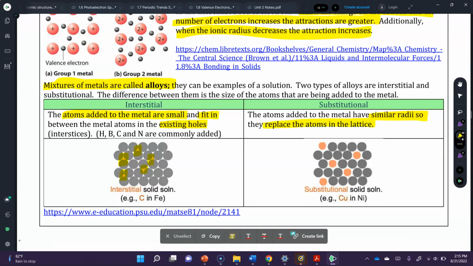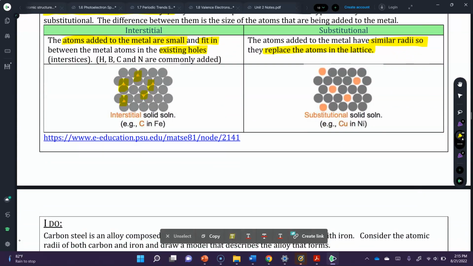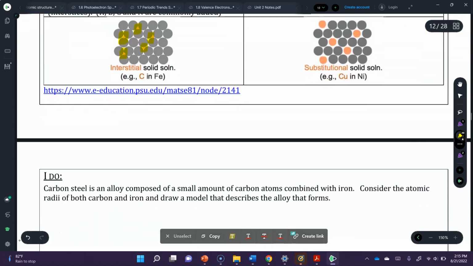They have to be kind of close to each other on the periodic table, but then they are substitutional. And so we see this with copper and nickel, because copper is similar enough in size to nickel that it'll just switch out. Okay.